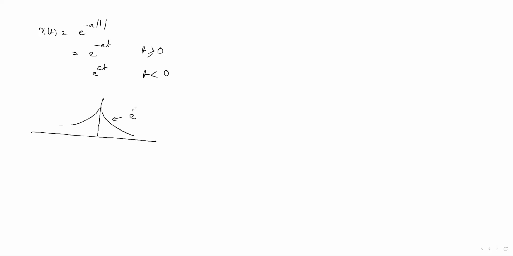So this is for e to the power minus a t, and this is for e to the power a t. Okay, and since it is the positive side, you can write u(t) also. In this case, you can write minus u(t) for the negative side. Okay, and so now you can write the whole signal x(t).